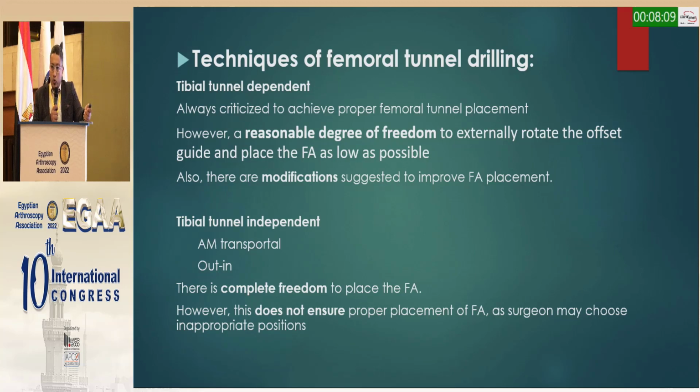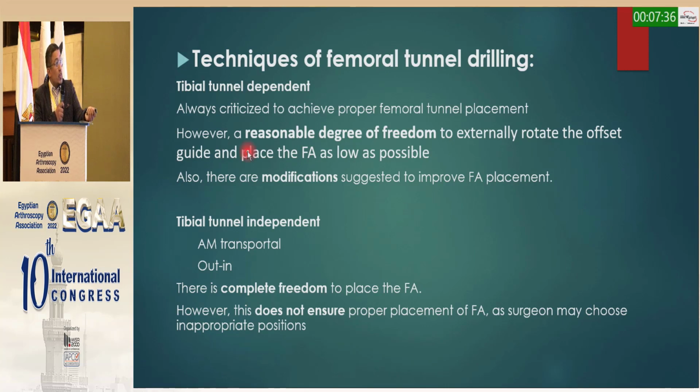So we have two techniques: transtibial, which is known and is the old technique, and tibial independent. The tibial tunnel dependent technique was always criticized for placing the tunnel in the ideal place. We could argue that it has some reasonable freedom to externally rotate the offset guide, because we know that the acorn reamer for the femoral tunnel drilling is smaller than the tibial tunnel diameter, so we could have this reasonable freedom.